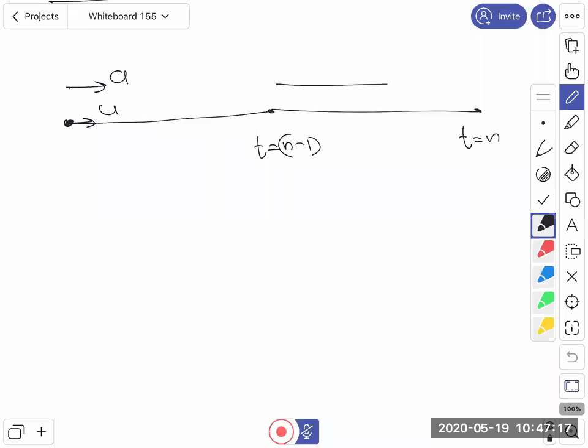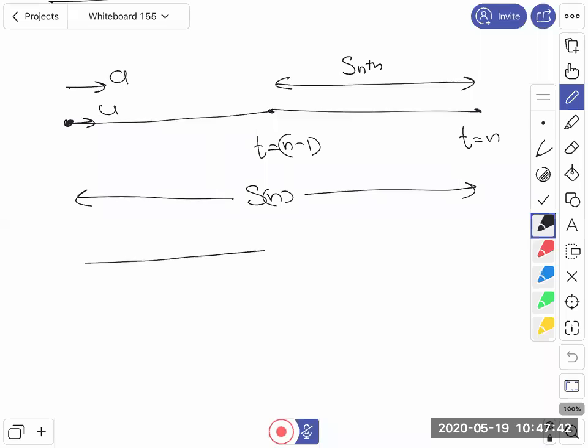So the distance traveled from n minus 1 second to n second is known as displacement in the nth second. Our aim is to find the value of this displacement. We can write it like this: displacement in the nth second is displacement in n second, that is, the distance traveled from 0 to n, minus displacement in n minus 1 second. Is it clear? Yes.